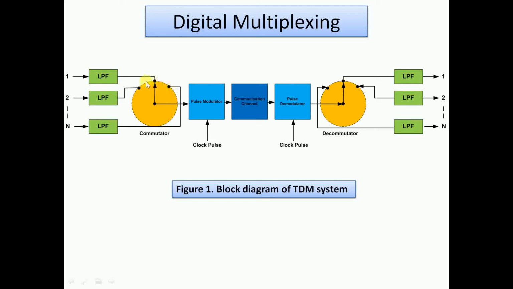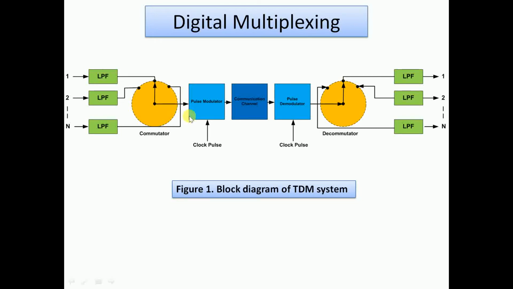In one complete revolution it takes one sample, and if we assume n is equal to 24, we have the first standard of 24 users. In one revolution this commutator will take the samples of 24 users, and in the second revolution it will take the second samples of each of the 24 users, and so on. Like this, in 1 second we have 8,000 samples of each of the 24 users.